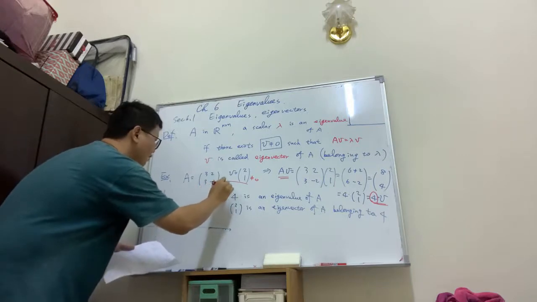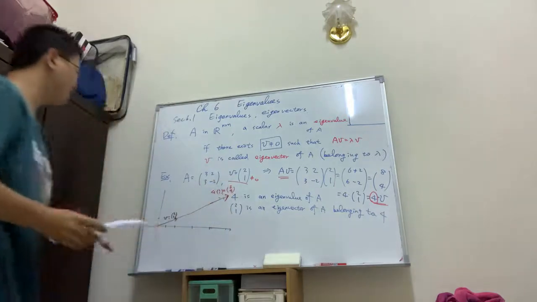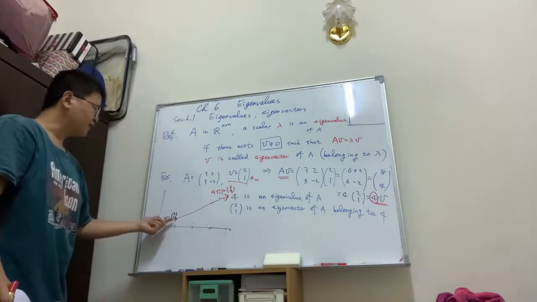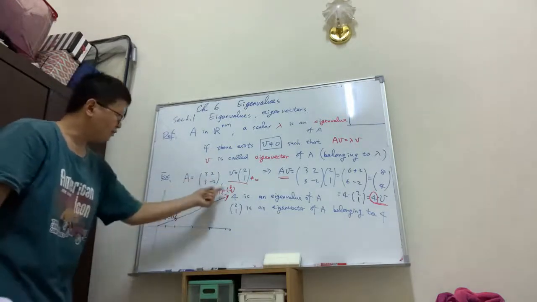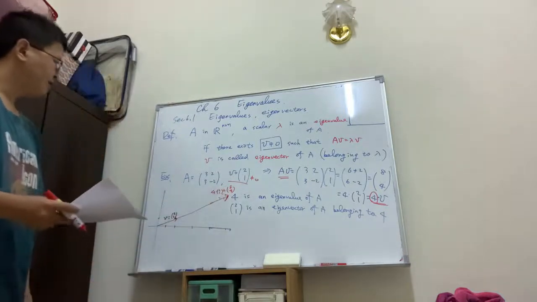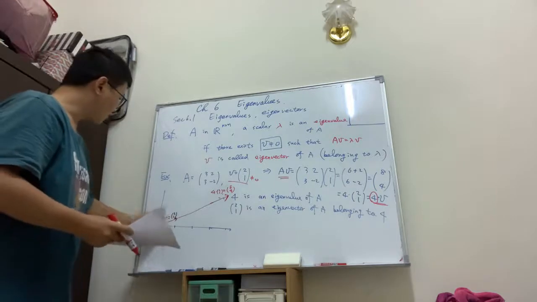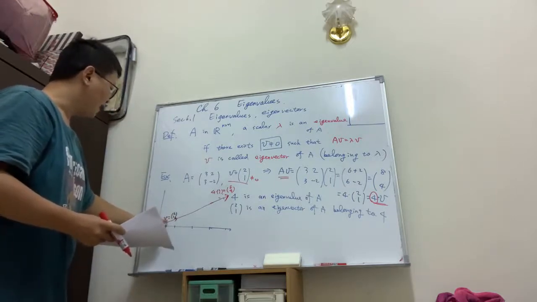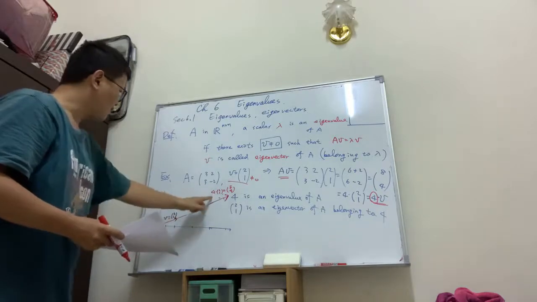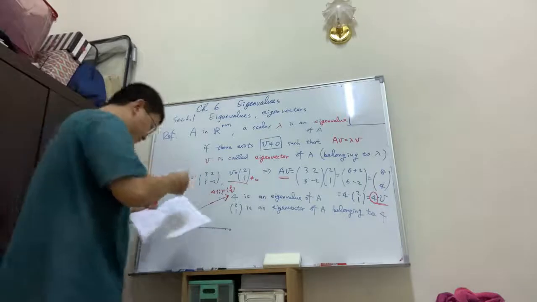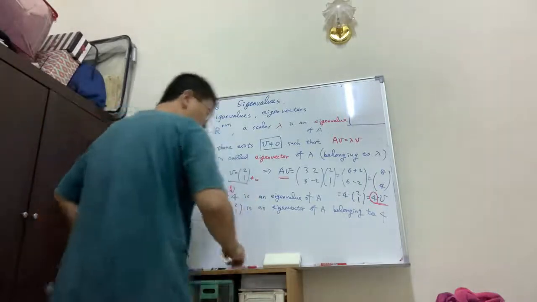Originally the vector v is here, (2, 1), and when you consider Av, the product, it is 4 times (2, 1). In this case we call this vector v an eigenvector of A belonging to the eigenvalue 4. So 4 is the eigenvalue.